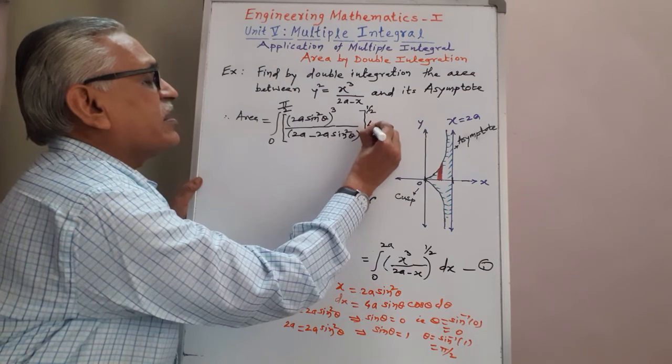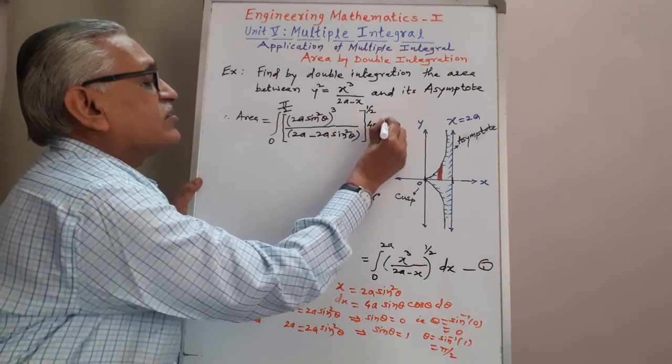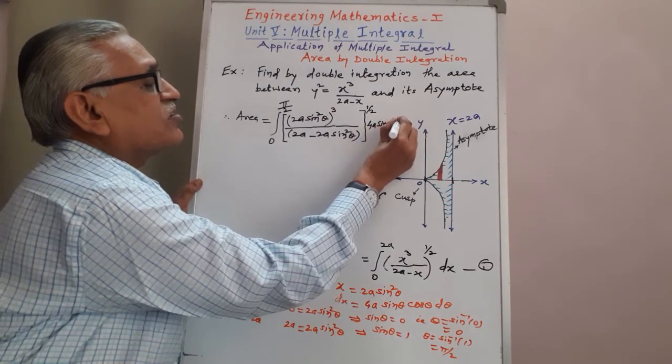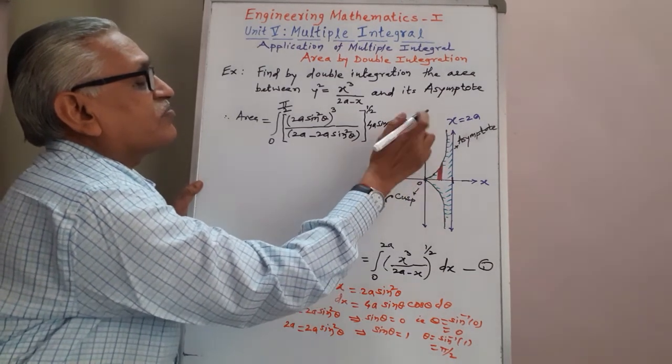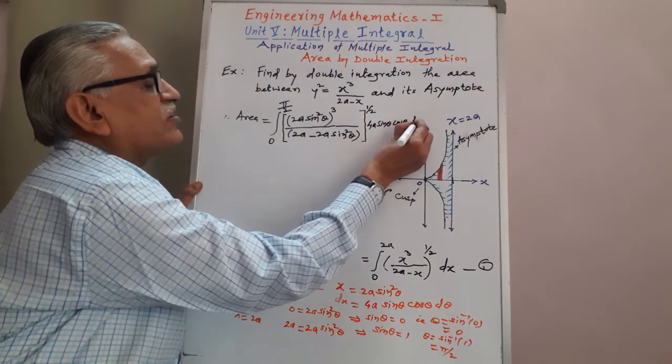Therefore 4a sin theta cos theta d theta.